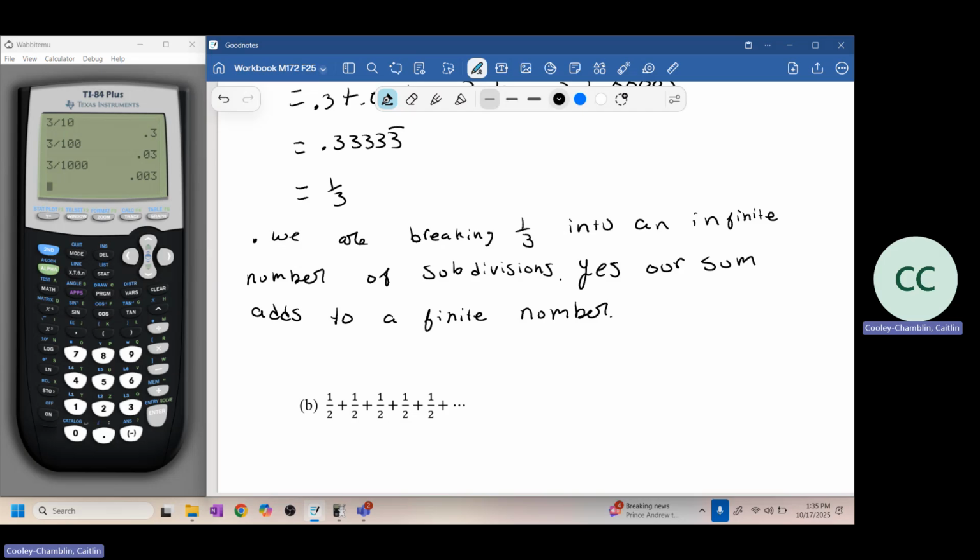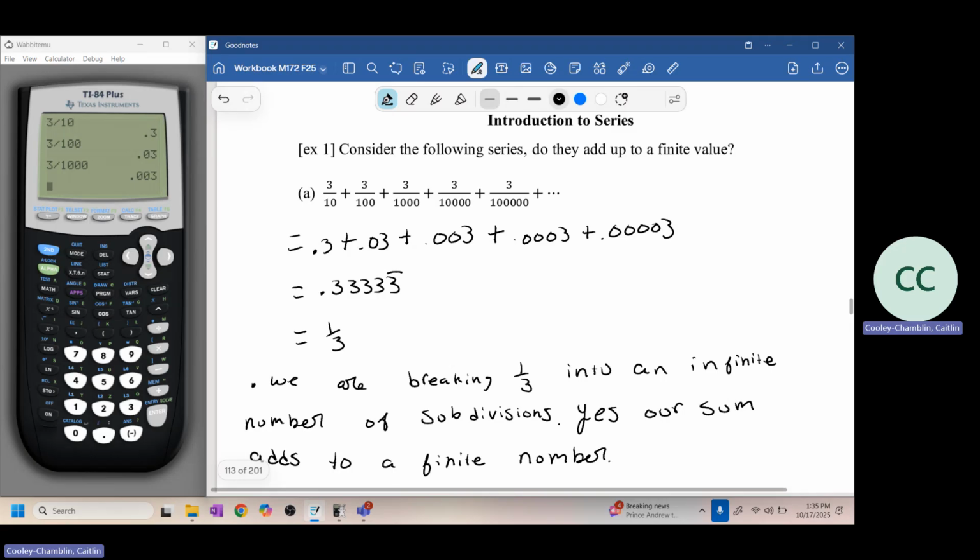Okay, so most of the time when I start a class off, especially if it's in person, when I ask, hey guys, can I add an infinite number of numbers together and get a finite value? Most people say no. And here's an example of when we can.